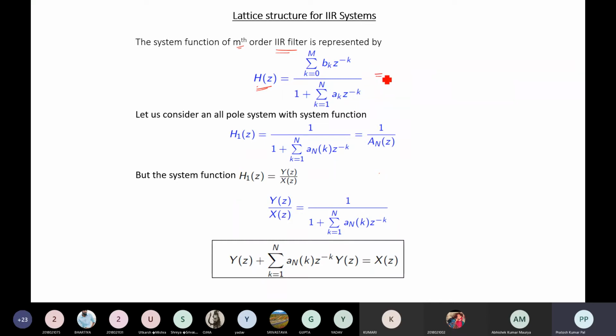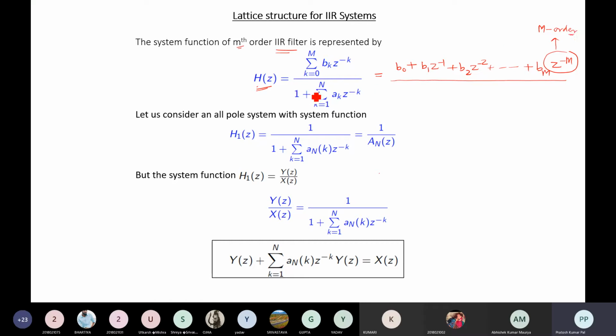If we expand it, it will be b0 plus b1 z to the power minus 1 plus b2 z to the power minus 2, and so on. At the last, it will be bm z to the power minus m. The highest power of z to the power minus 1 will be considered as the order.